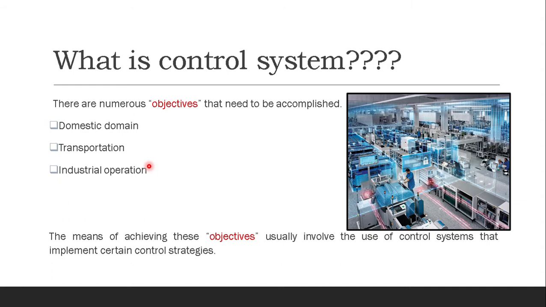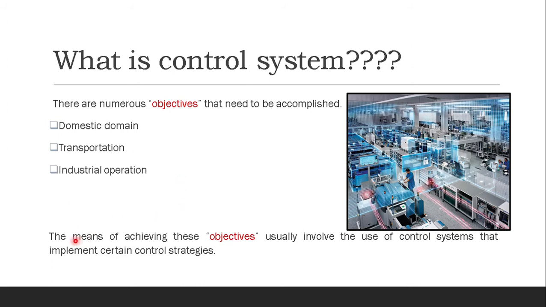Now the same runner is going for a marathon. This time, not only is he focused on running the distance as quickly as possible, but in doing so he or she must control the consumption of energy, as well as devise the best strategy for the race. It means that achieving these objectives usually involves the use of a control system that implements a certain control strategy.